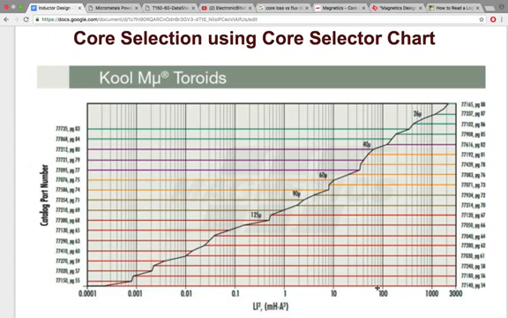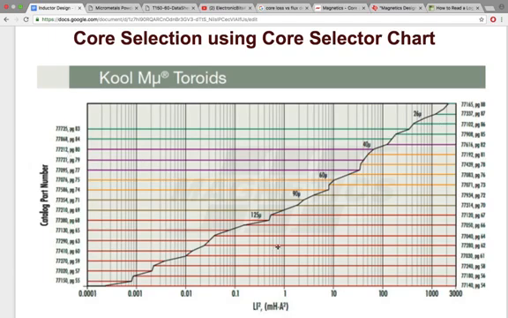Then you can spot that number on the x-axis, go up, and find the intersection on this black line. Wherever it intersects, you can choose the core, and all the cores above that point. Let's say the intersection is here. You can choose this core, or the cores above it.